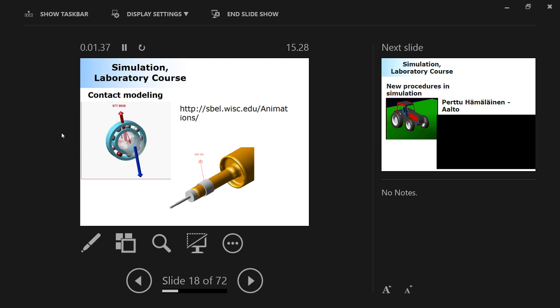Okay, these are the things related to contact modeling. Contact modeling is needed in many different applications, but we're going to look a little bit at bearing applications, and then the modeling of different particles and contact between the particles. Here is a simple ball bearing, and the ball bearing is rotated.